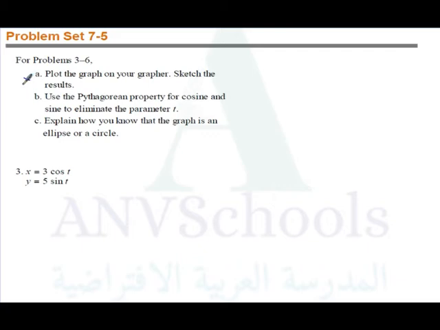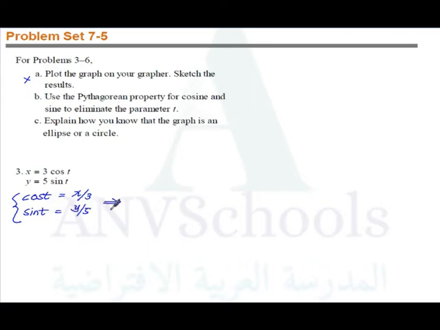Let's do the Pythagorean properties. So let's get a Cartesian equation for this parametric function. x here is equal to 3 cosine t, meaning that cosine t is equal to x over 3, and sine t is equal to y over 5.